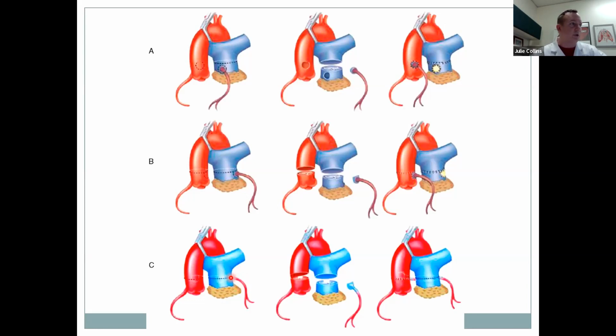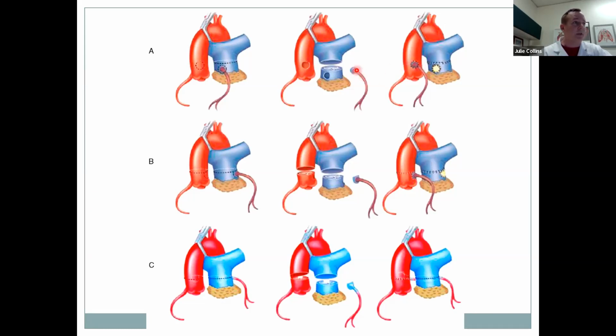And you can see the surgical correction for this is known as coronary artery reimplantation. So they basically cut out a button here. You can see here's the button. And they move the coronary to the correct position, into the left coronary cusp in the left portion of the sinus of Valsalva.